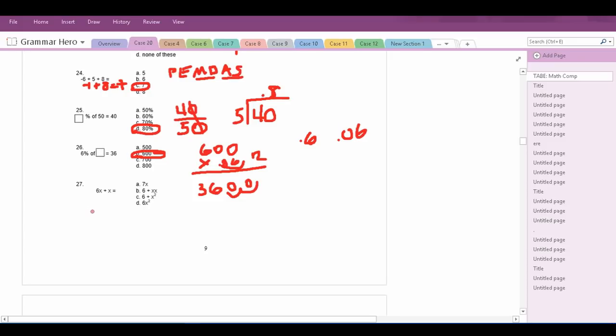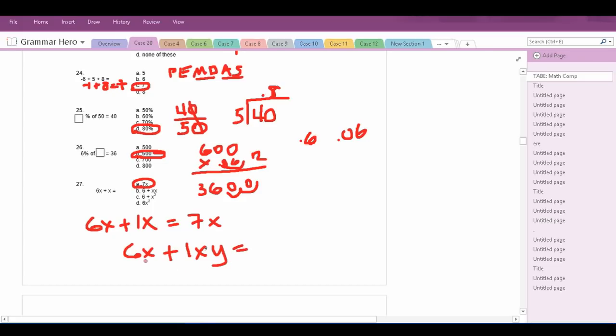27, 6x plus x. You can rewrite this to be 6x plus 1x. These are variables. 6 times variable x, 1 times variable x. You can simply add those to get 7x. Now let's say you had 6x plus 1xy.